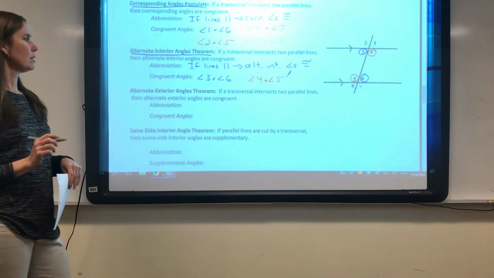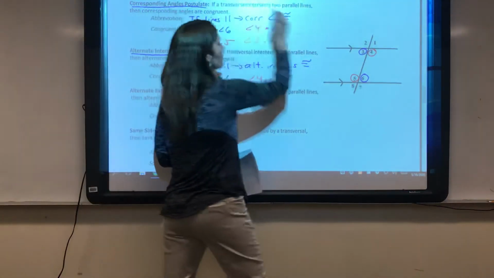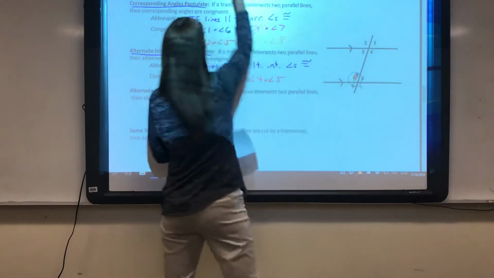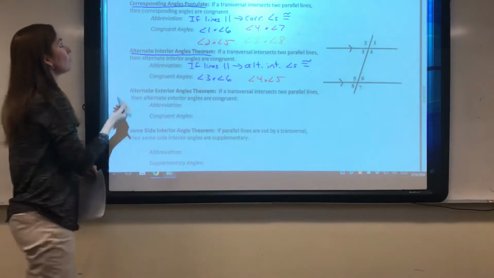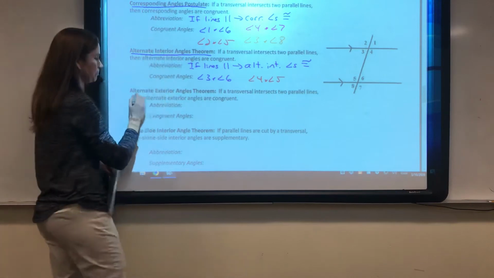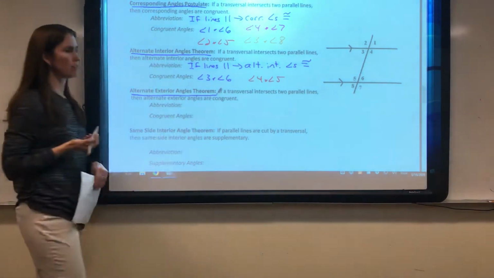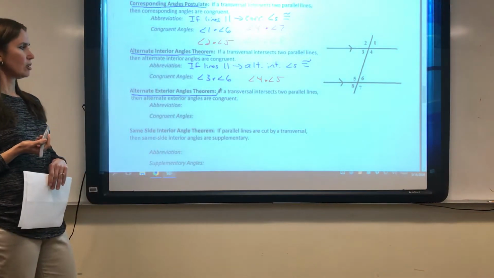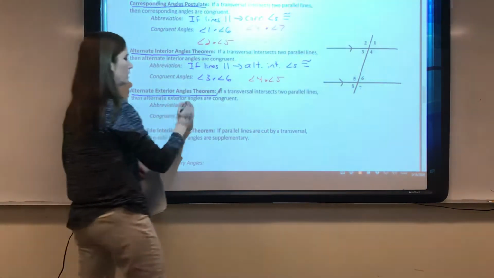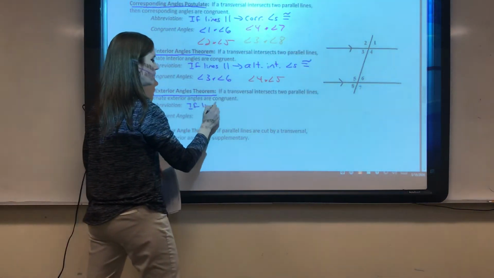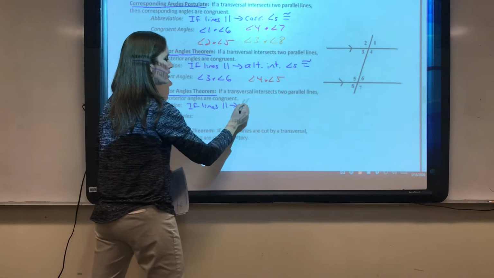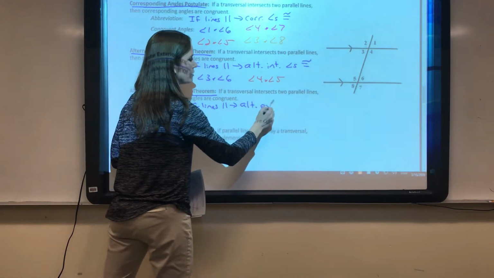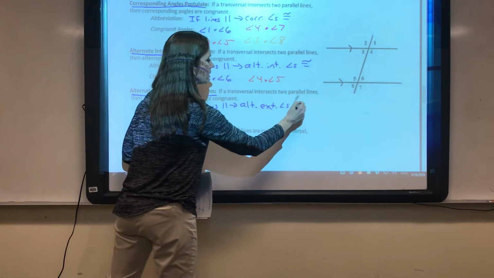Next, let me erase those. It's talking about alternate exterior. The alternate exterior angle theorem says if a transversal intersects two parallel lines, then alternate exterior angles are congruent. So if lines parallel, then alternate exterior angles must be congruent.